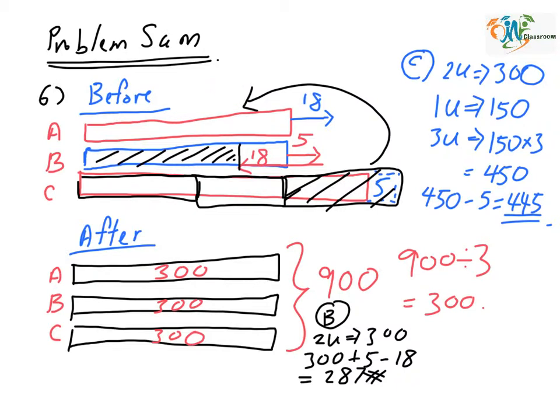Really understand? I repeat again. C has got 3 units, right?